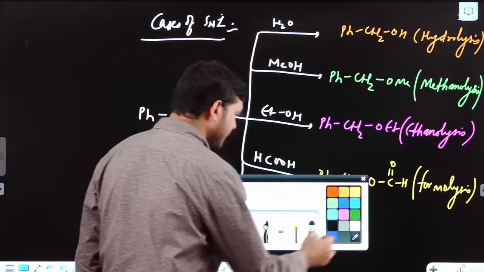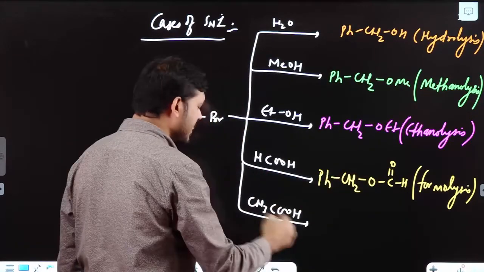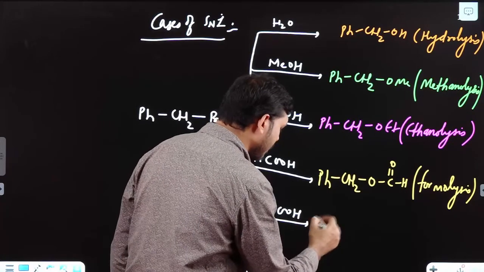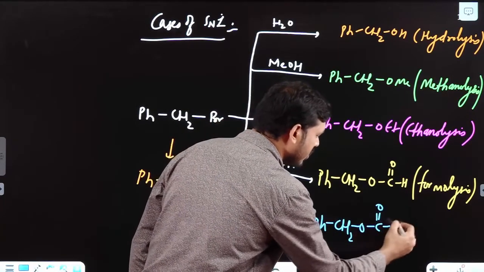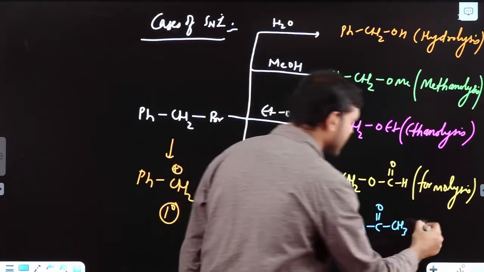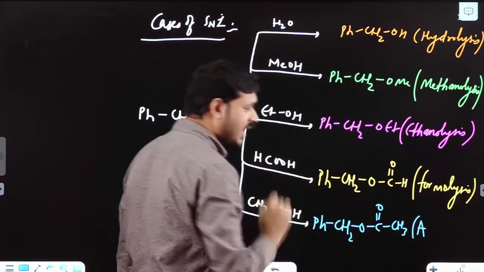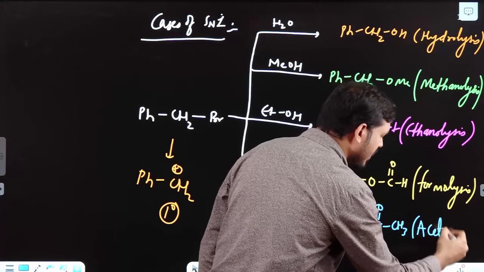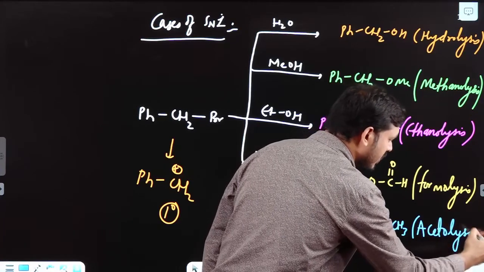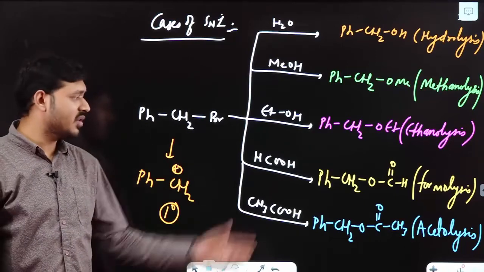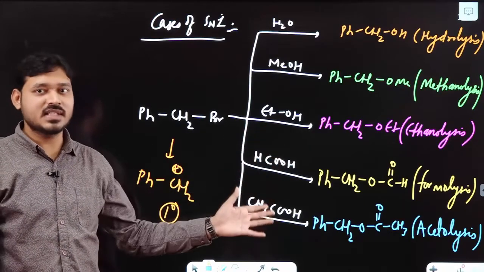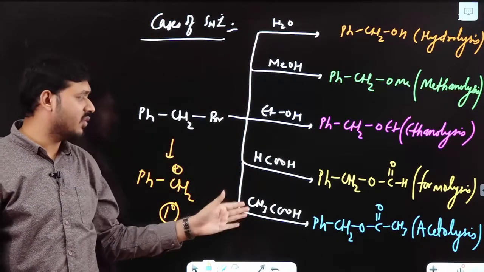And last case, when you take CH3COOH, then it will form PhCH2OCOCH3. Now it is acetic acid, so you will call it acetolysis.